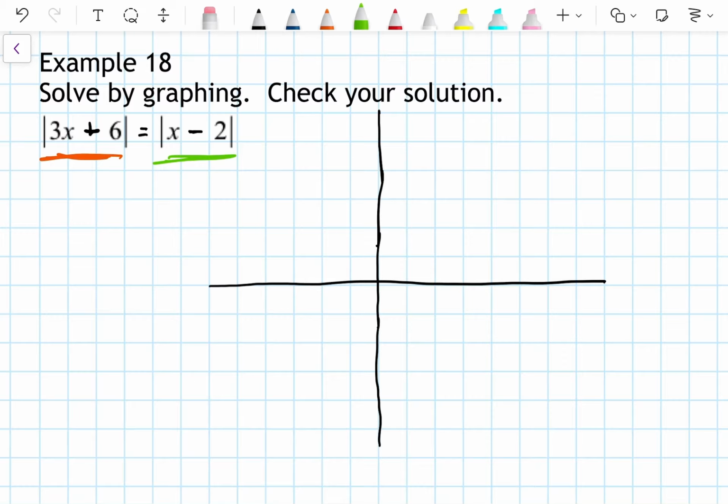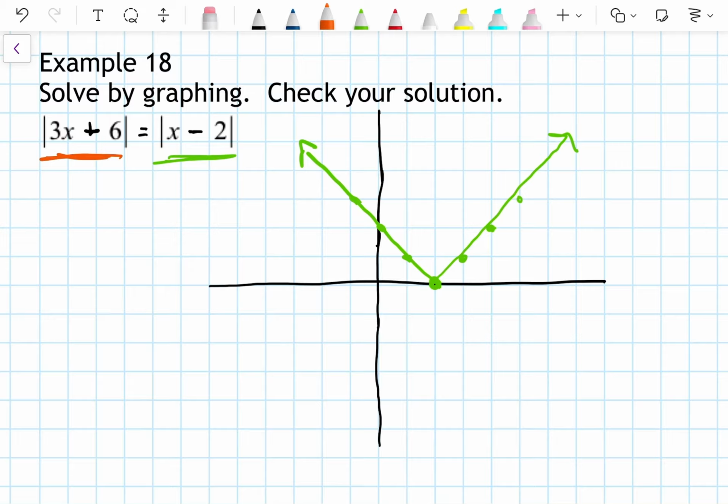The green one would actually be a little bit easier to graph. We remember that it's x minus 2, which means it's shifted right 2 spots, and it's just going to be up 1 and over 1. So there's the green equation.